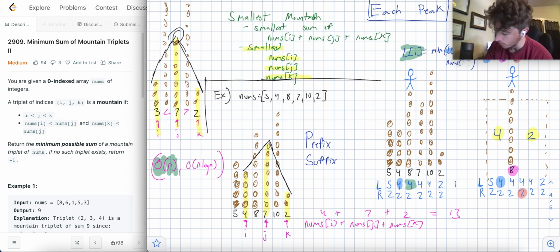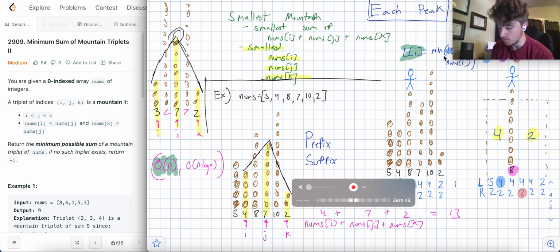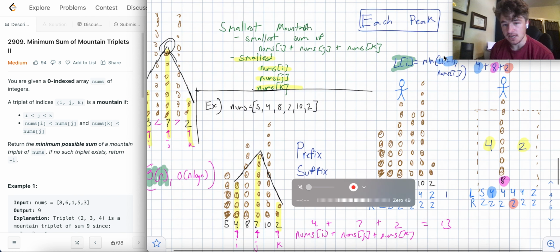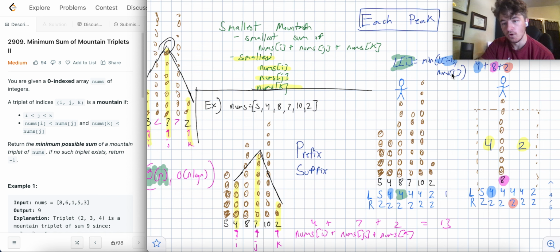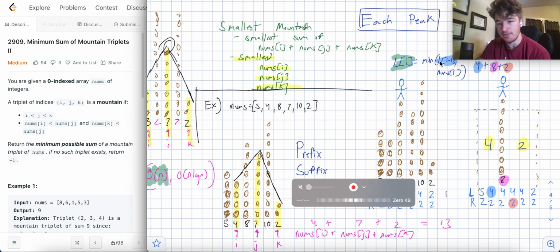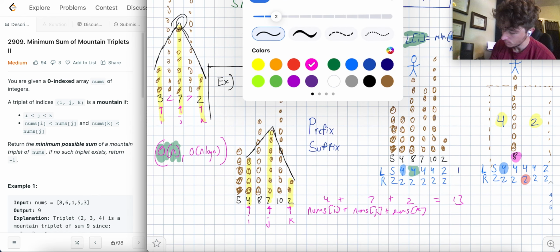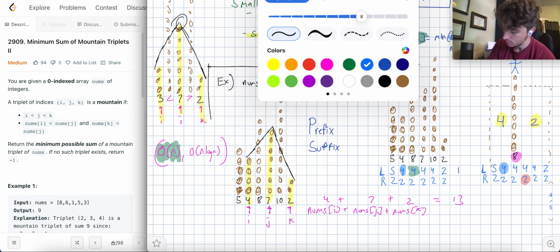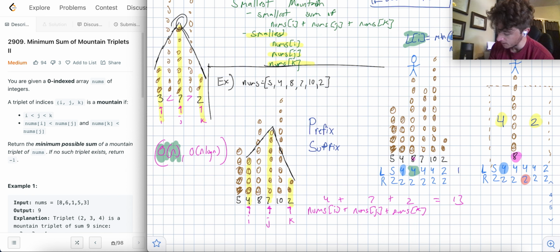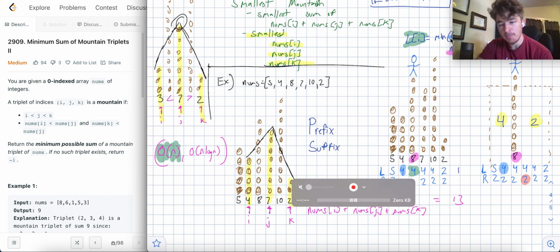So either I saw something smaller before, or I see something smaller now. So either the thing I saw before is smaller or I'm looking at something that's smaller now. So this would be the thing I'm looking at now, and that would be the answer. So for this answer, it's 4 because the thing I saw before is smaller than what I'm looking at now.